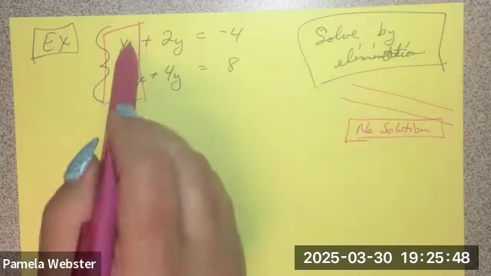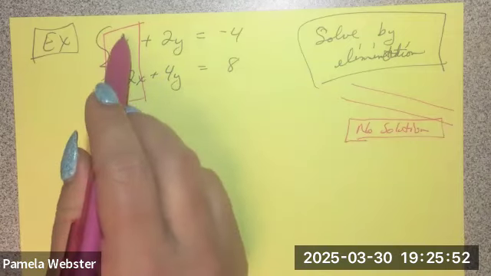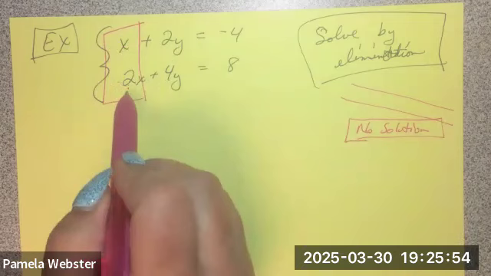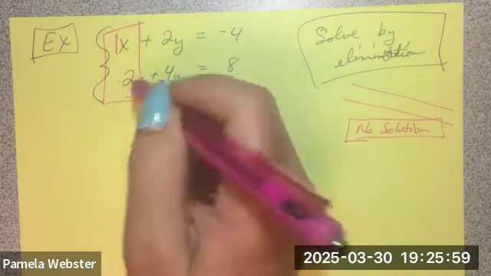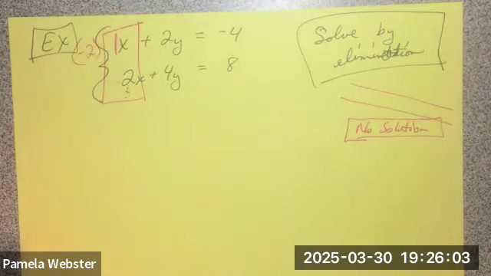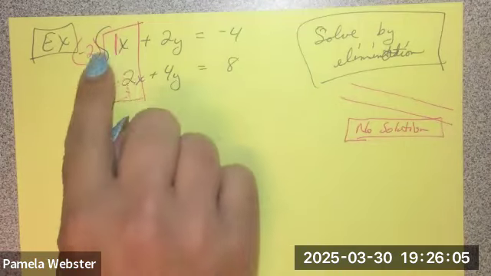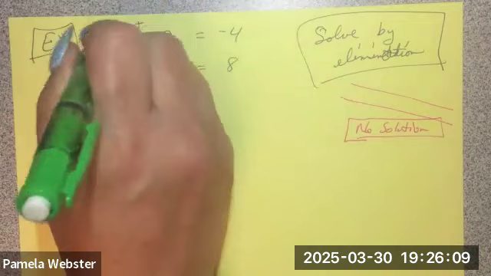So when I look at this, the x and the 2x, I see, hey, if I eliminate the x values, they're both positive. This is a 1 out in front. This is a 2 out in front. I can multiply this first equation by -2. That would give me -2x, and that would give me a positive 2x on the second equation.